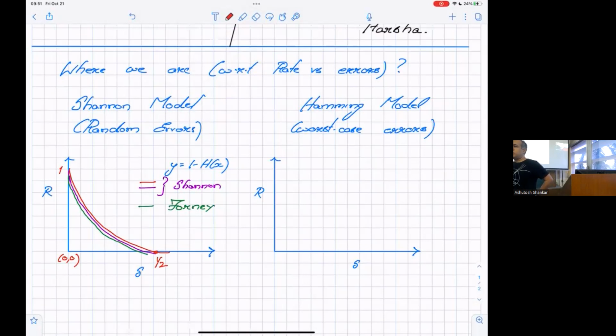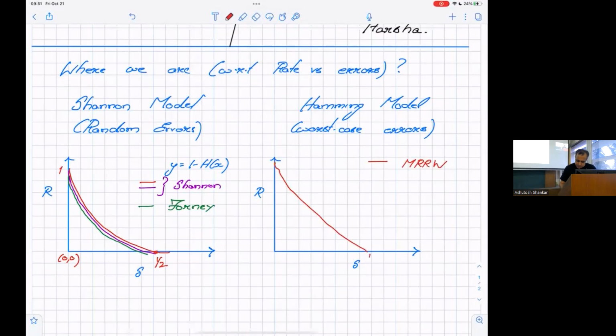Then I claimed that there is one bound called the MRRW bound, which we didn't prove, which gets the best of all of these. The red is the MRRW bound.